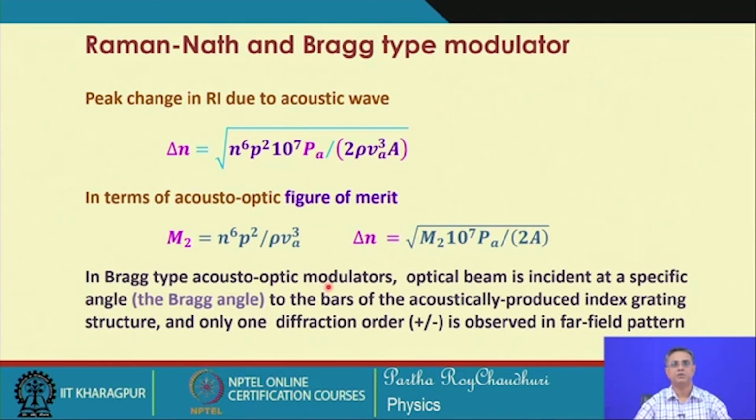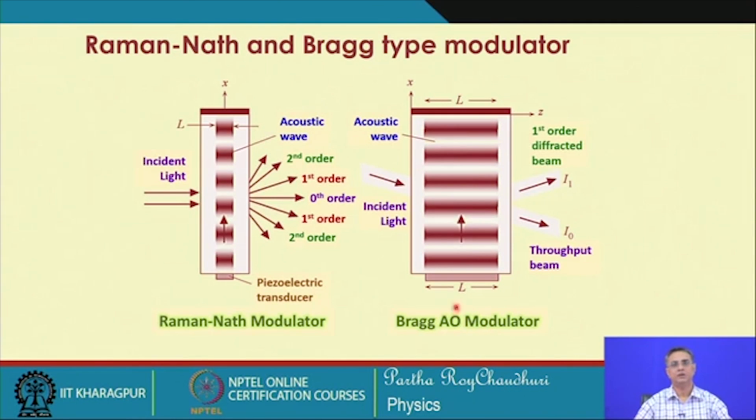In a Bragg type of acousto-optic modulator, the beam is incident at a specific angle, which will satisfy the Bragg condition for the acousto-optically produced index grating, and then only one diffraction order is observed. But in the case of Raman-Nath, it could be normal incidence, and we will get a number of diffraction orders.